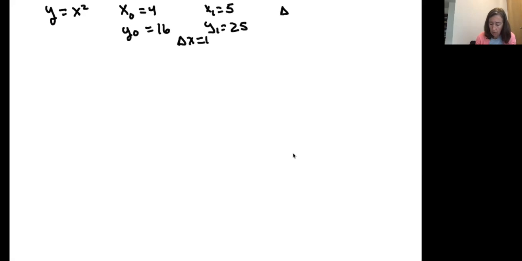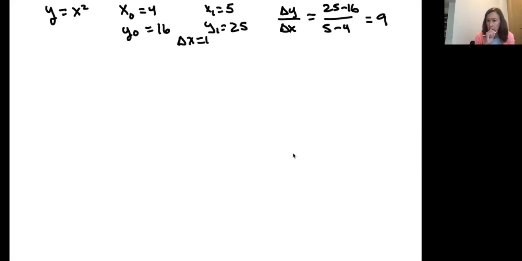And we do rise over run for that, delta y over delta x. We get 25 minus 16 over 5 minus 4. 25 minus 16 is 9. Okay, so that's our slope. Okay, fine. So far, seems reasonable enough.